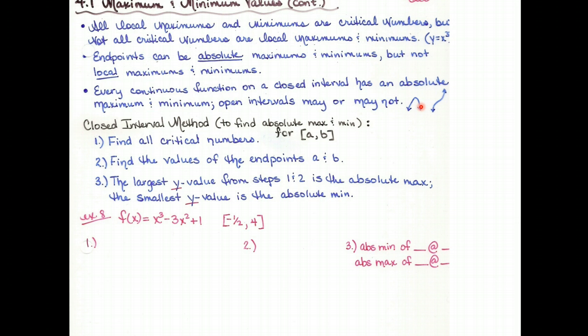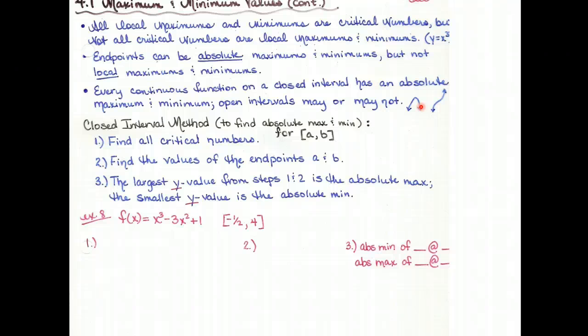So, how then can I find my absolute maximums and minimums if I have a closed interval? We've seen that absolute maximums and minimums can occur at local maximums and minimums, or they can occur at endpoints. So we want to find all of the local maximums and minimums and the endpoints, and then compare their y values and see which one is the absolute highest and which one is the absolute lowest.